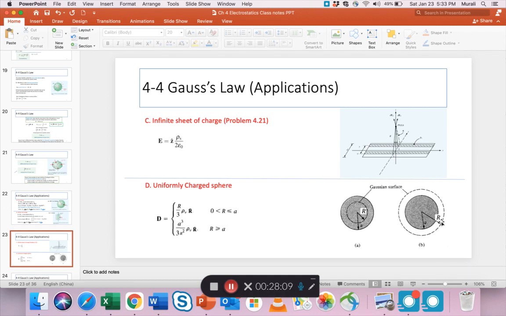So in this case, r is greater than the radius of the sphere. In this case, r is less than the radius of the sphere, the radius being a. So there are two answers. In the first case, 0 is less than or equal to r is less than or equal to a, that is inside, this is the value, and if it is outside, this is the value. Okay?